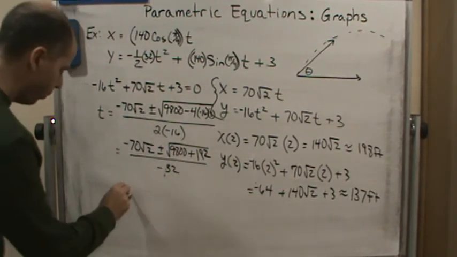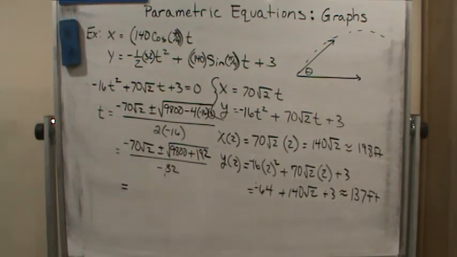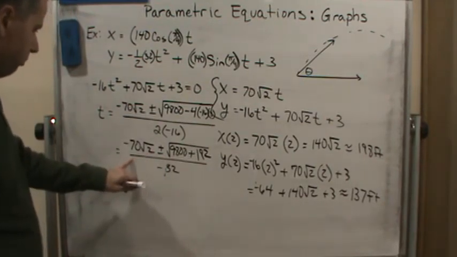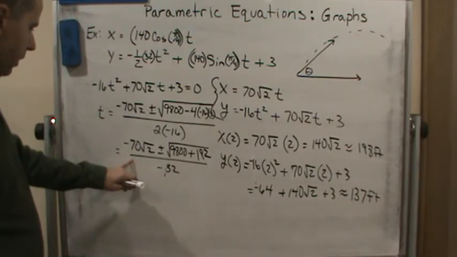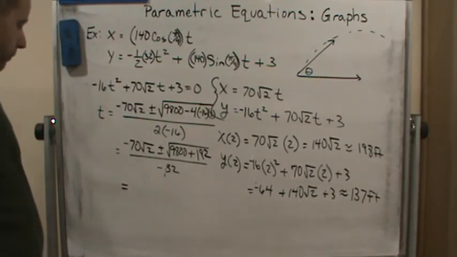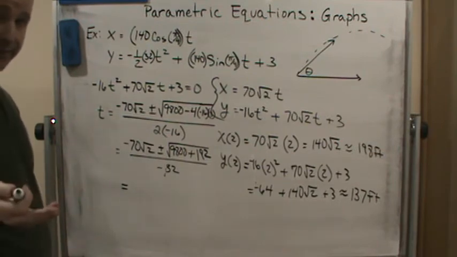Okay? And so what do we get? We're going to get two values for t. The negative value, we're going to actually get a negative value, and we don't want the negative value for t, because that doesn't make any sense. We can't have negative time.